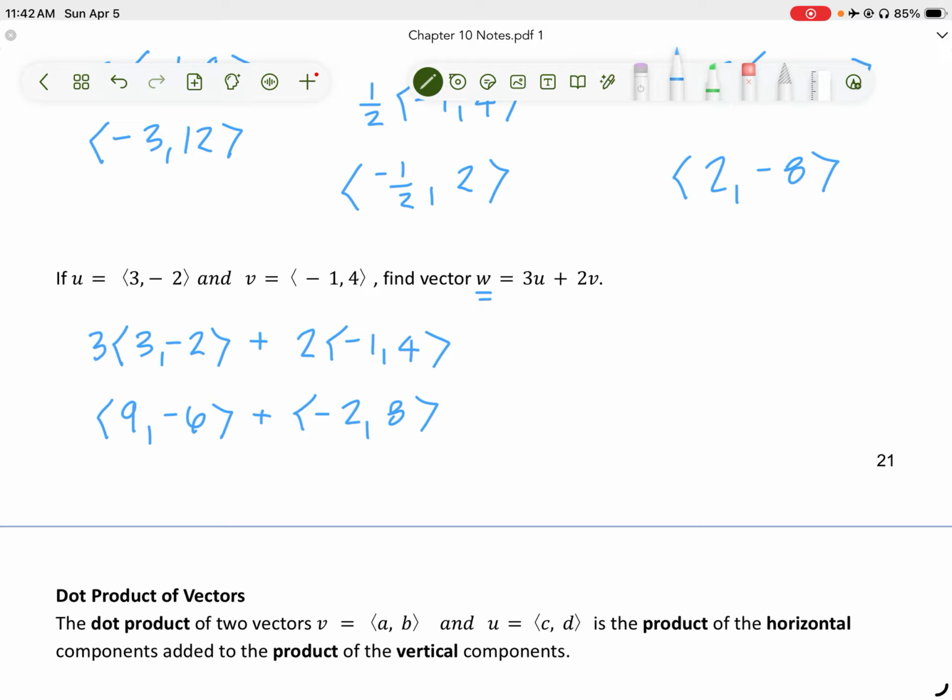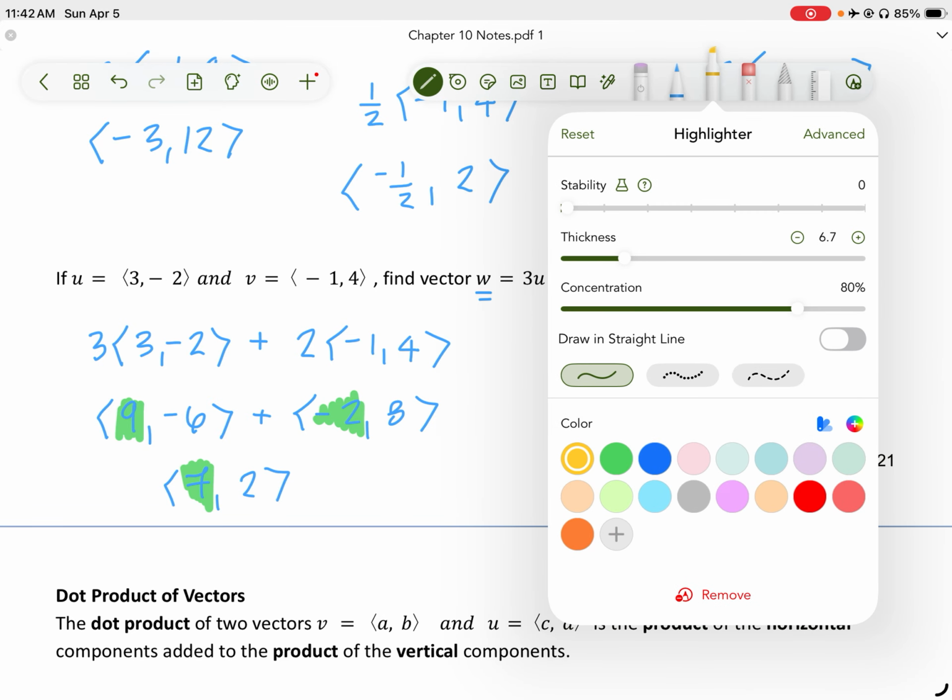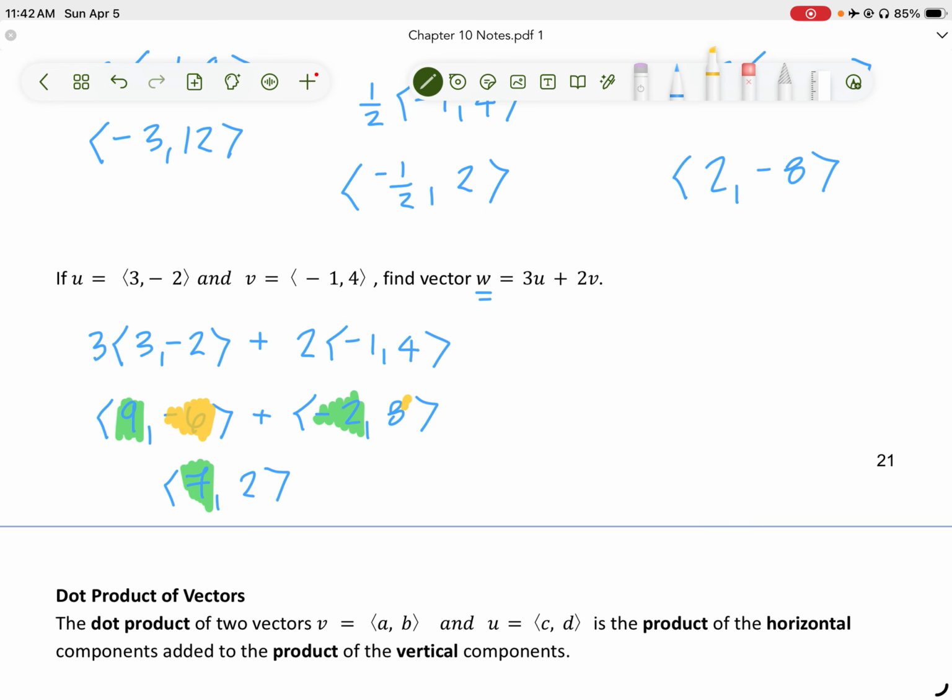And now we're just combining the first terms and the second terms. So 9 minus 2 is 7. Negative 6 plus 8 is 2. There we go, <7, 2>.